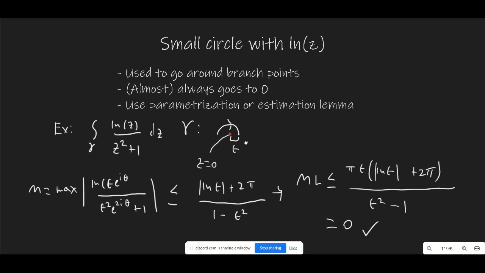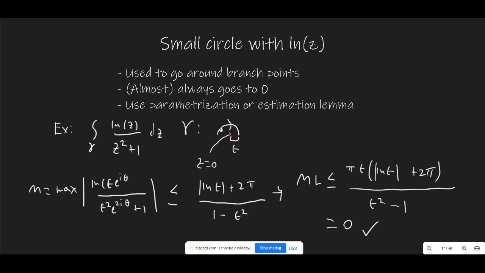And then using the absolute value right here, again using the triangle inequality, we get 1 minus epsilon squared. We get that it's going to be less than or equal to the modulus of natural log of epsilon plus 2 pi. Actually, this doesn't even need to be 2 pi. This could be pi. Again, just using the triangle inequality on both the top and bottom.